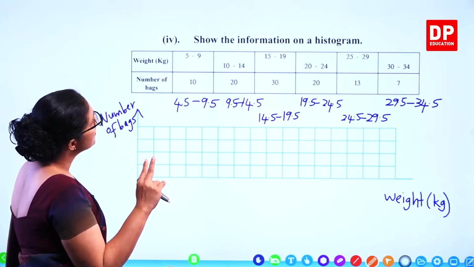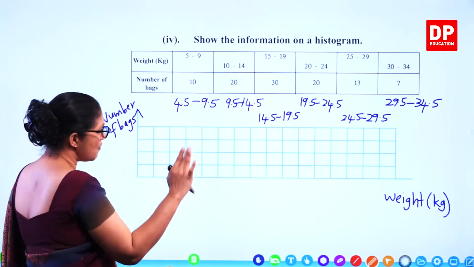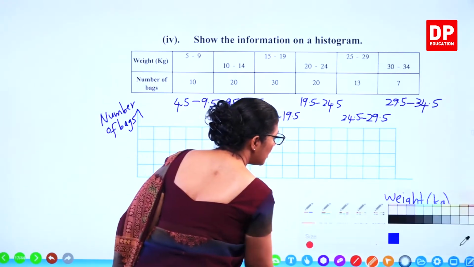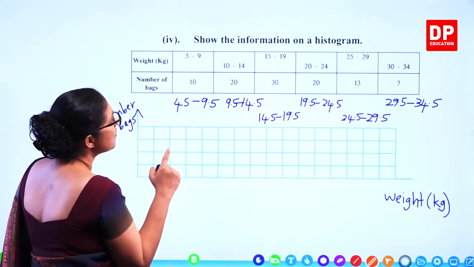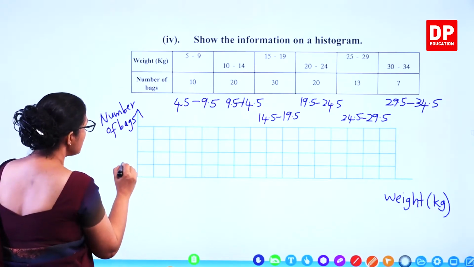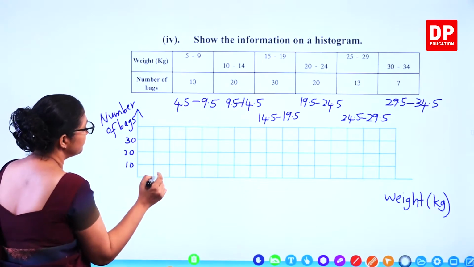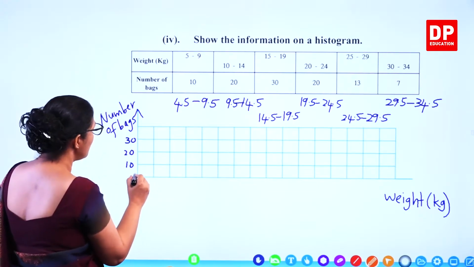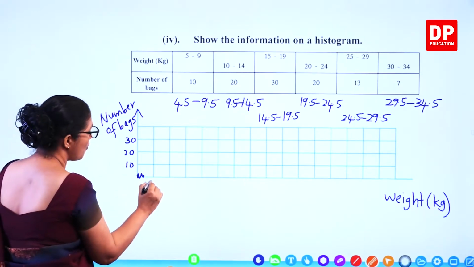So the difference is the same. So equal widths, you can straight away mark the number of bags there. So what's the value? So highest is 30. We'll take 10, 20, 30. And you don't need to start from 0. So we can put a tick and start from 4.5.